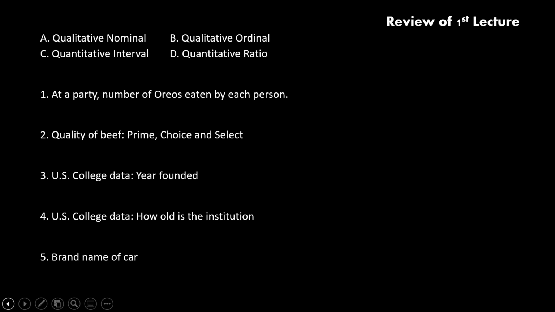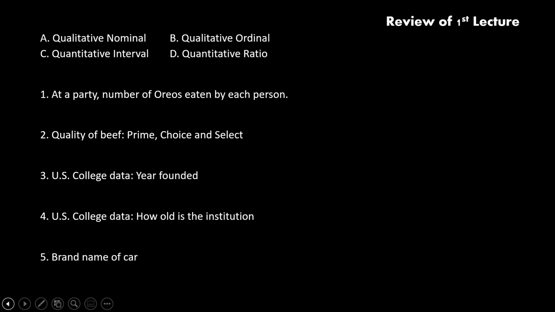Number three, United States college data. If you take all the colleges in the United States and look at the year that it was founded, right? What kind of variable is it? Is it quantitative or qualitative?